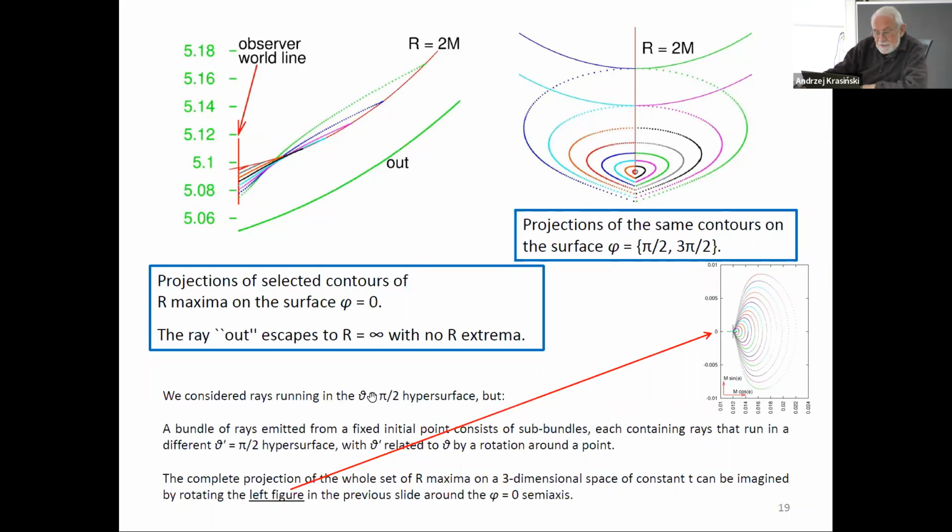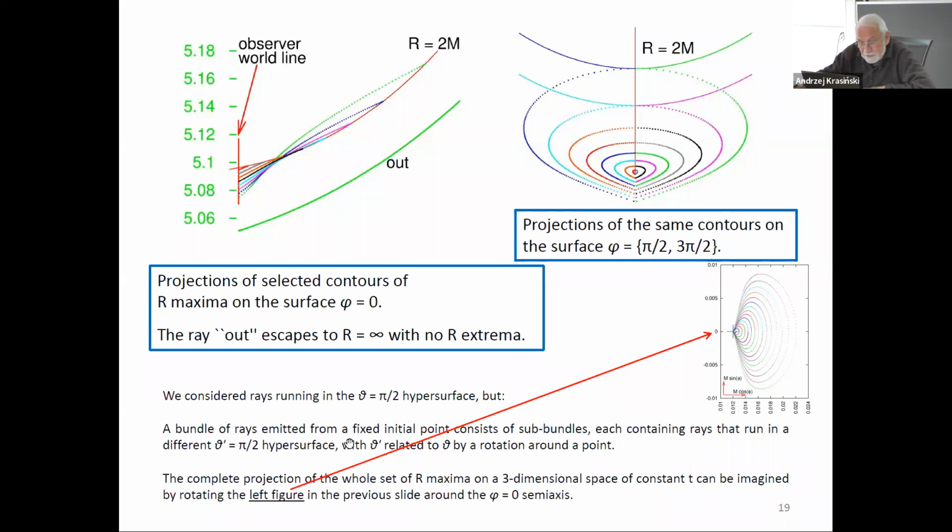We consider the rays running only in the theta equal to pi/2 hypersurface, but each bundle of rays emitted from a fixed initial point consists of sub-bundles, and each of those sub-bundles is in such a hypersurface, but in a surface of constant different theta.